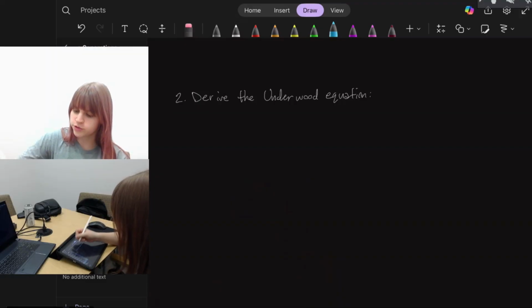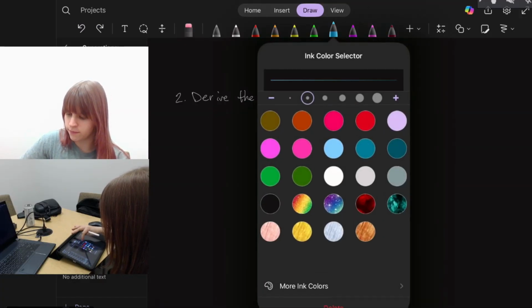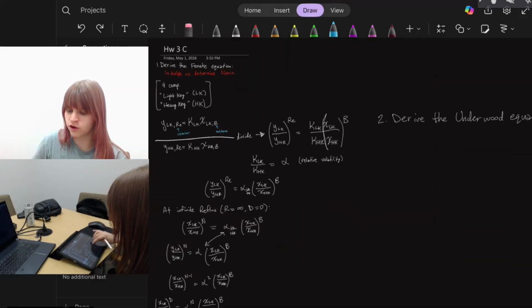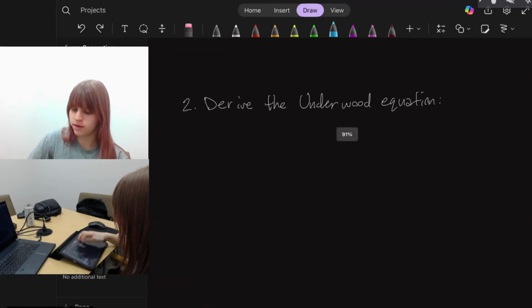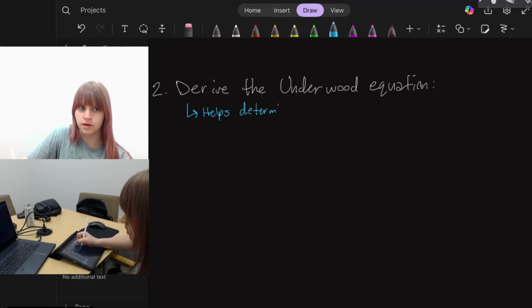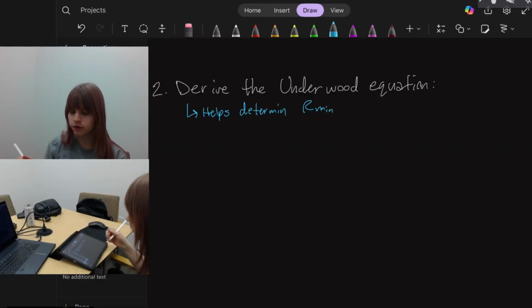So this Underwood equation, similar to what I said about the Fenske helping us to determine n min, helps to determine the minimum reflux ratio required.